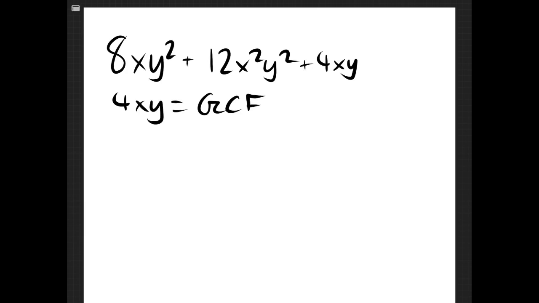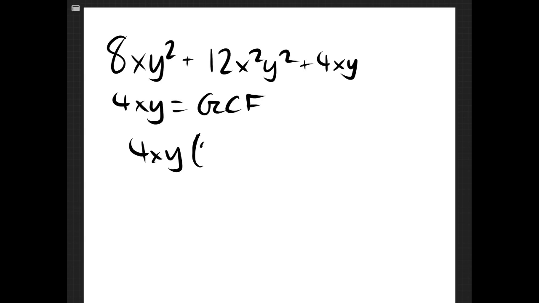And now we just use the distributive property and take 4xy out of this expression. So we do 4xy, and then in parentheses we put the terms, but we divide all of them by 4xy. If we divide 8xy squared by 4xy, 8 divided by 4 is 2, and then it would be 2y, because the x is taken out and 1y is taken out.